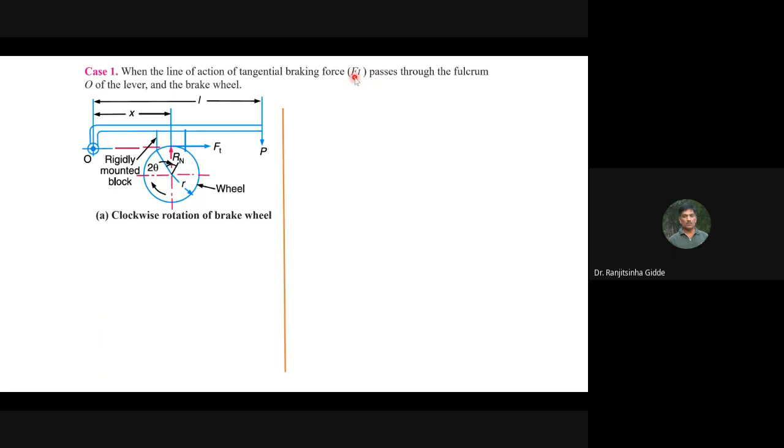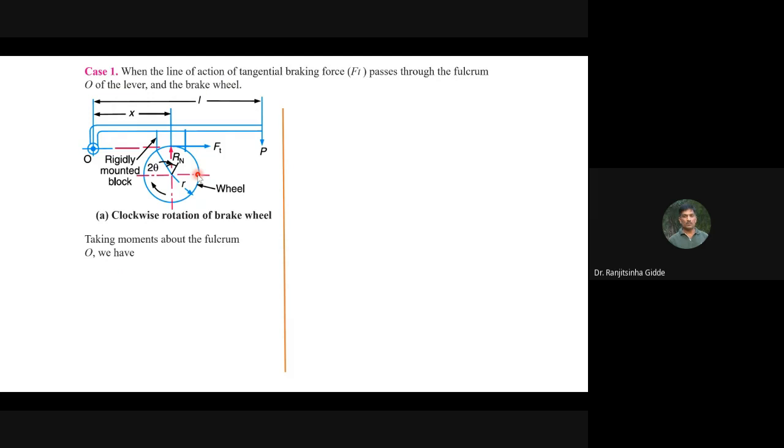So this is Ft, here it is Ft, and the line passes through this fulcrum; they coincide through the fulcrum O of the lever and the brake wheel. Then what we need to do here is take moments about the fulcrum O.